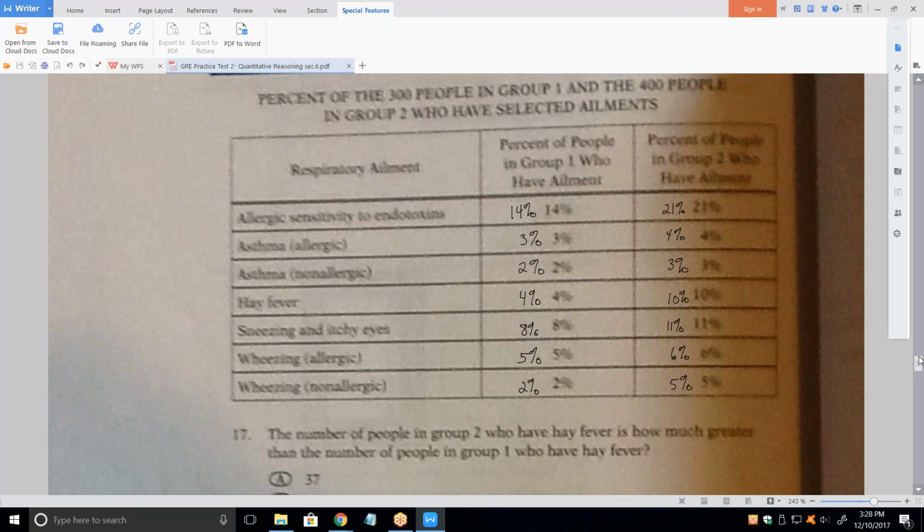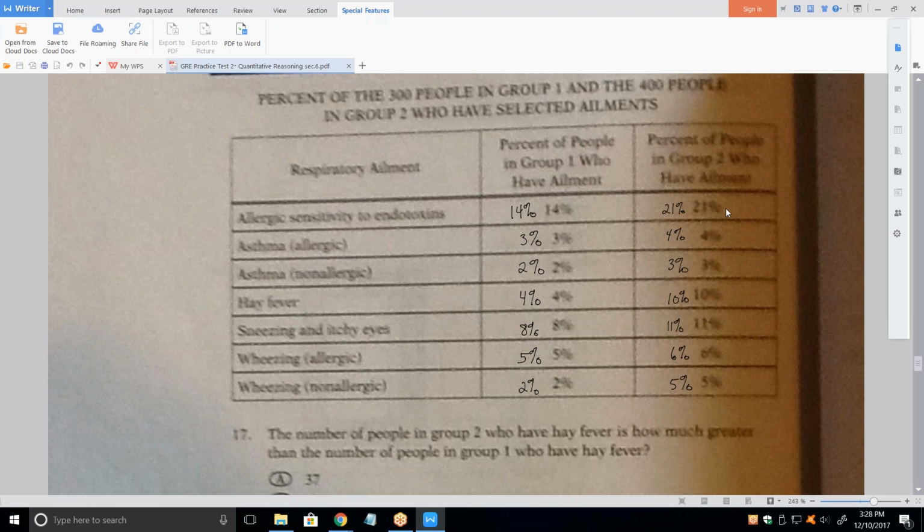Okay. Well, what do we have to do? Do we have to put them in order from least to most? We have to find the number of people in each group that have these ailments. Right now, all we have is the percentages. In other words, for both of these first 2 questions, we have to convert that percentage to a number of people. And then put them in order, then find the middle number.